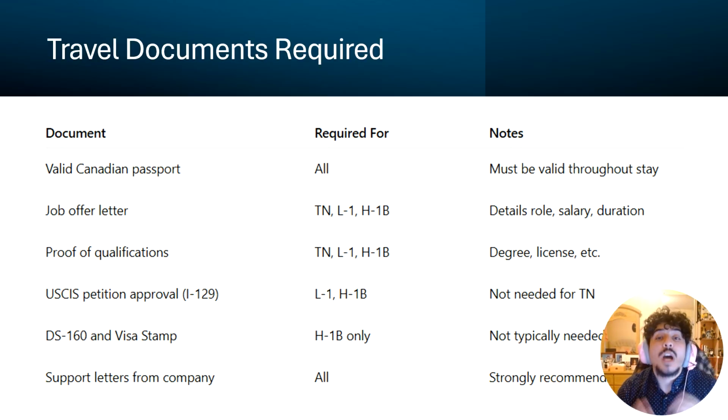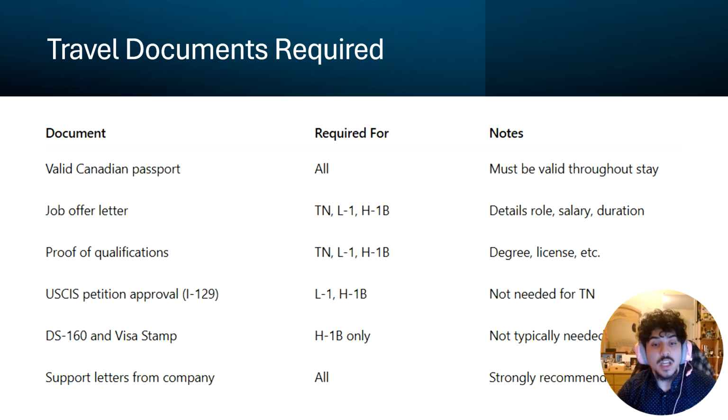Now, travel documents are required. With all the factors in mind, Canadians are required to bring a valid Canadian passport, which must be valid throughout the stay. Job offer letters are required for TN, L1, and H1B1 visas, detailing the role, salary, and duration of the transfer stay.